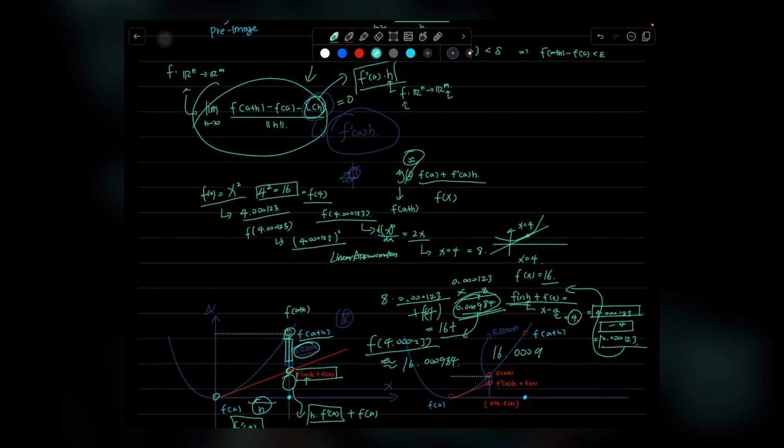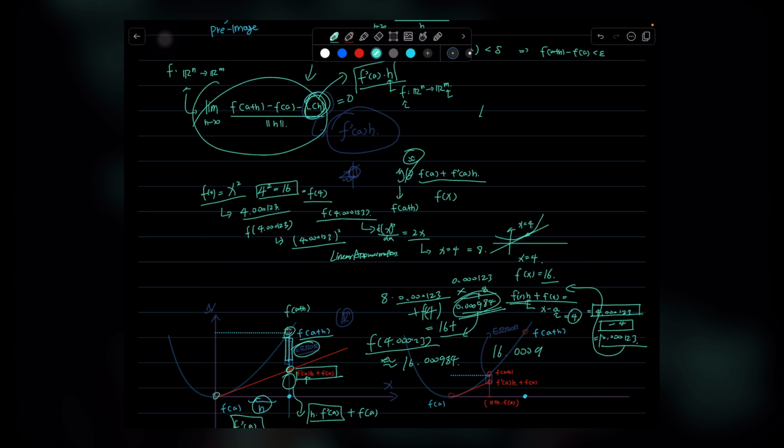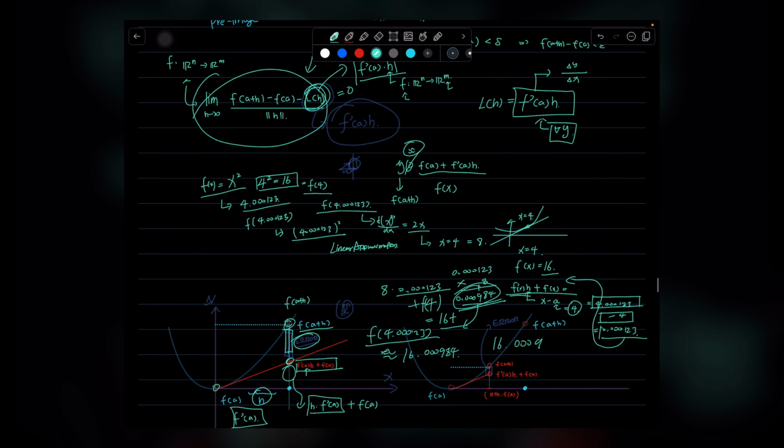And in terms of the definition of derivative and differentiability in multivariable calculus, here this linear mapping represents the derivative of f at a times h. For the derivative, it is actually delta y over delta x, and delta x is equal to h, where x is equal to a.